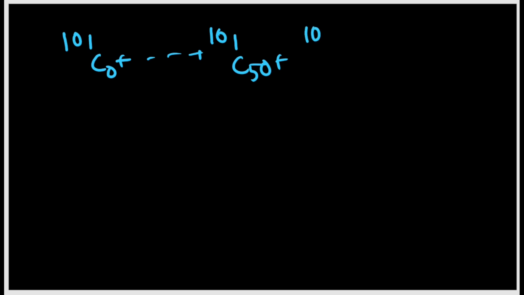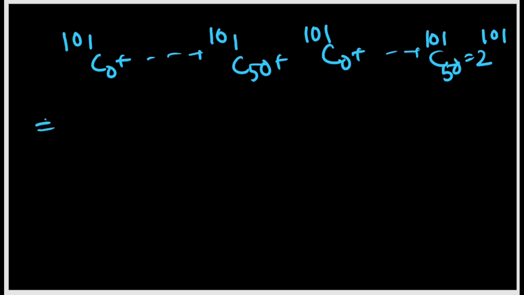So we write 101 C0 up to 101 C50 plus the same thing, 101 C0 up to 101 C50, is equal to 2 to the power 101.